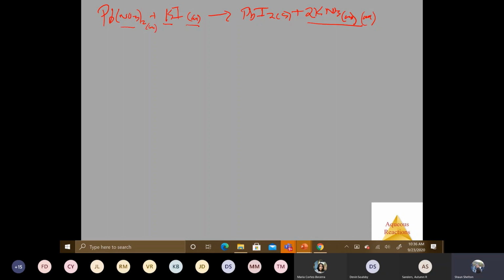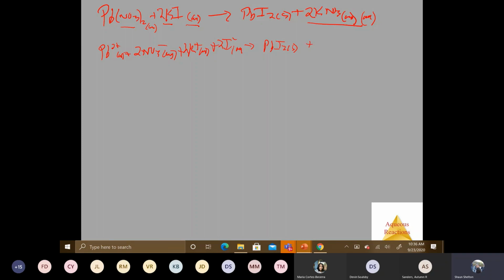Now, as we break this down, you're going to find that KNO3 ends up being your spectator ions. Okay. So you have Pb2+, 2 NO3-, plus K+ plus I-. Need to put a 2 in front of that, by the way. Put a 2 there, put a 2 there. So very important, so that way they all cancel out.